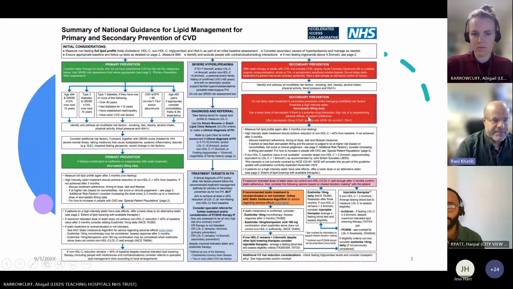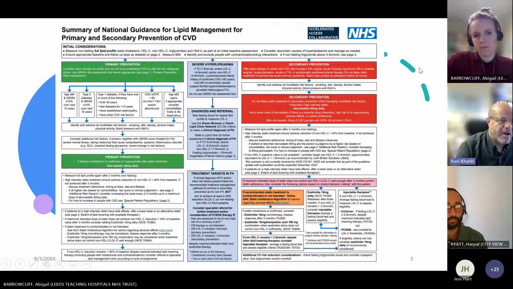So the National Lipid Pathway was put together so that we have a standardized national summary of how we should approach lipid management. And this pathway contains within it all the different NICE guidelines and technology appraisals, all in a double-sided A4 sheet.